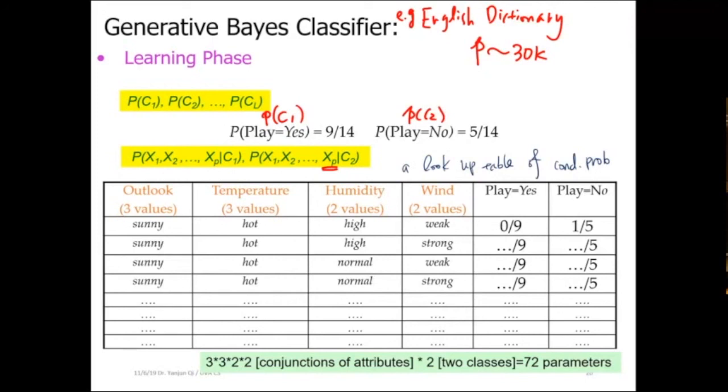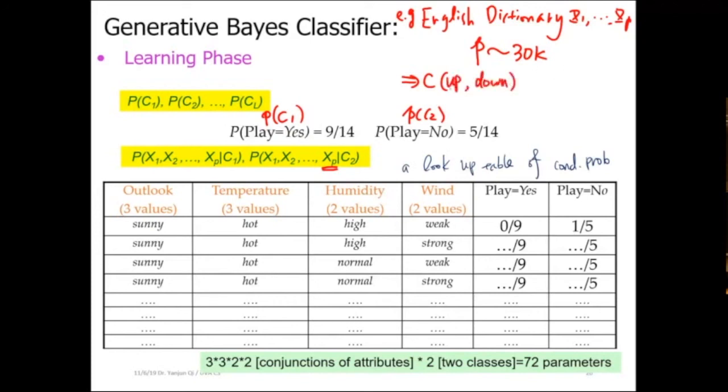So how many parameters, assuming I'm predicting sentiment, thumb up or thumb down, positive or negative? This is my x1 to xp, and my y, my c, is good or bad sentiment. Let's do up or down.